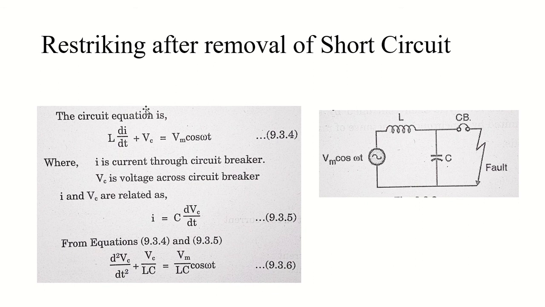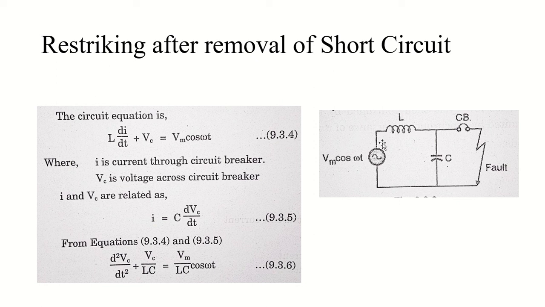Now let's see the restriking voltage after we remove the short circuit. What happens then? When the circuit is opened under fault condition, it produces a transient known as the recovery voltage transient. This transient will affect the behavior of the circuit, interrupting and protecting devices, which you can see in this image.